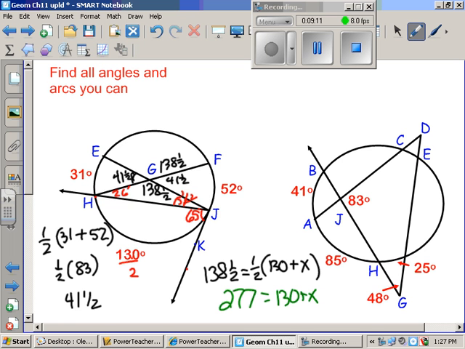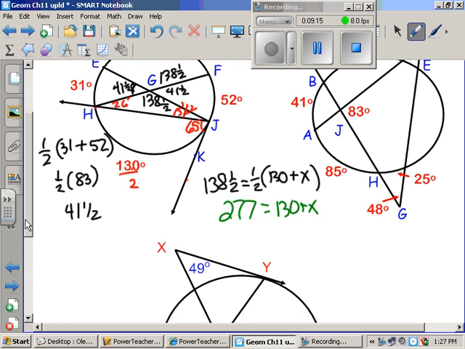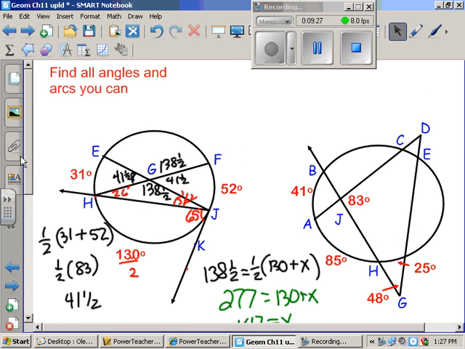Then I'm going to subtract 130 and get 147 equals x. The other way I could have found it is, I know that all the way around is 360, so I could have added up all the remaining arcs and subtracted from 360 to find that.